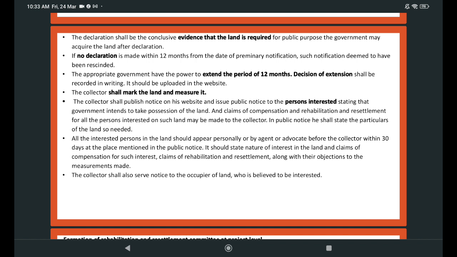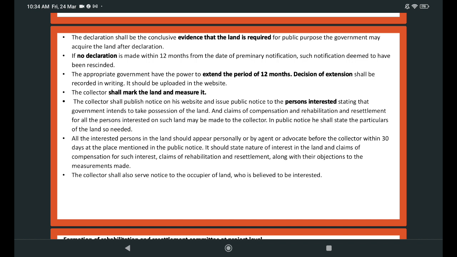Afterwards, the collector shall mark the land and measure it. The collector should publish notice on the website and issue public notice to the persons interested. What is the content of the notice? Government intends to take possession of the land for rehabilitation and resettlement and compensation. Persons interested may approach the collector.